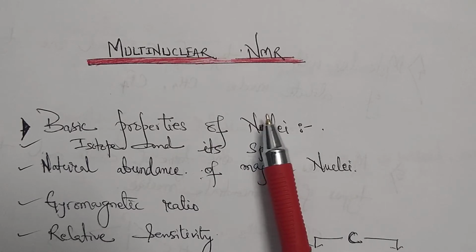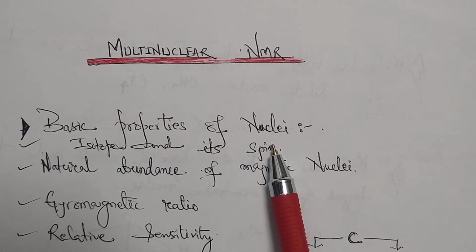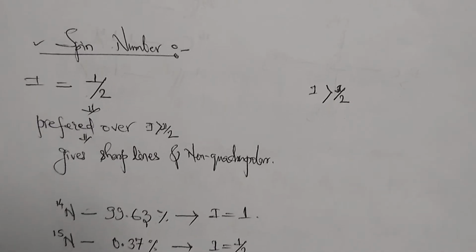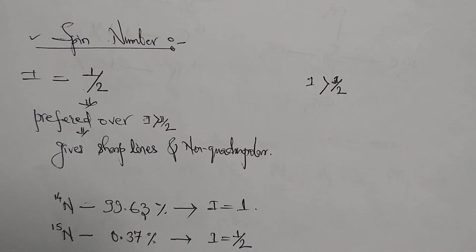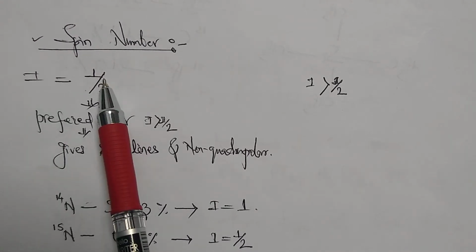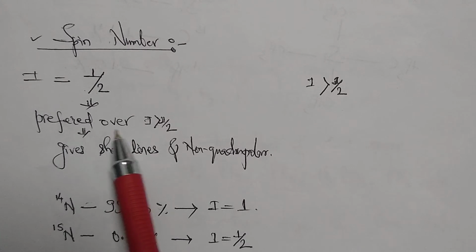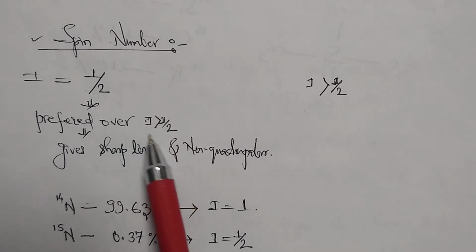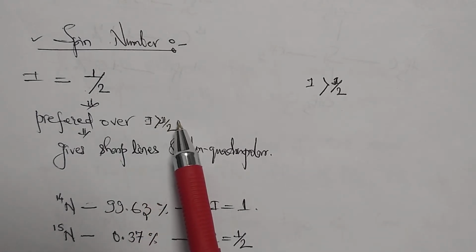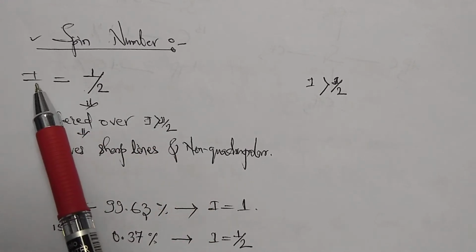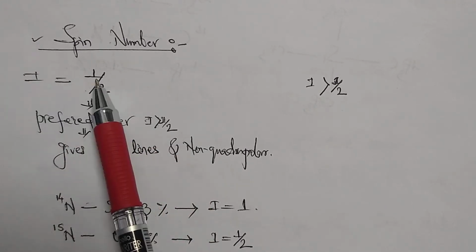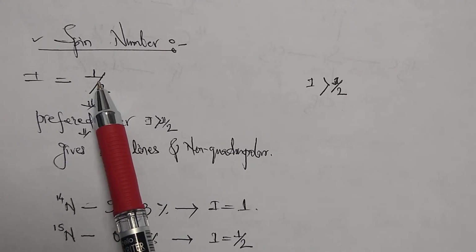Here we look at the names of the isotopes and their spin, like the spin number. We already know that those nuclei having nuclear spin I equals half are preferred over those having nuclear spin greater than half, because nuclei with spin half are magnetic and non-quadrupolar in nature, so they give NMR signals.